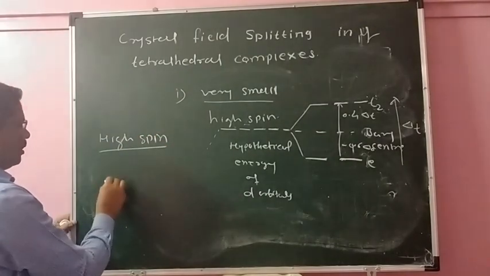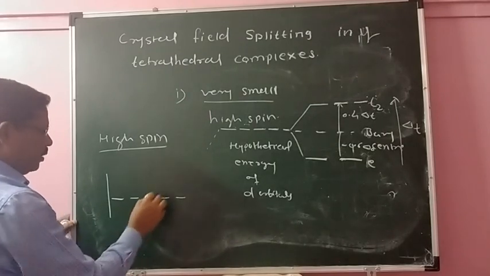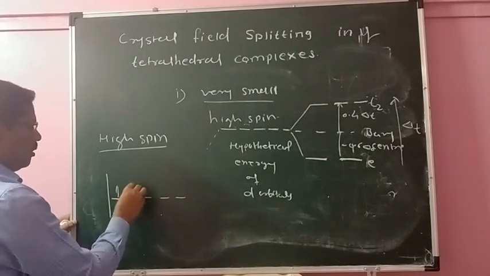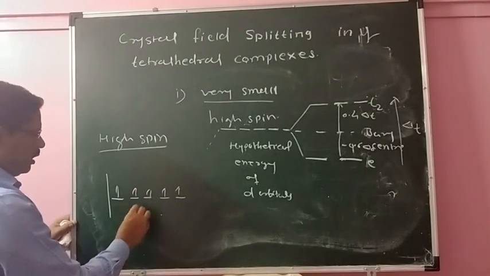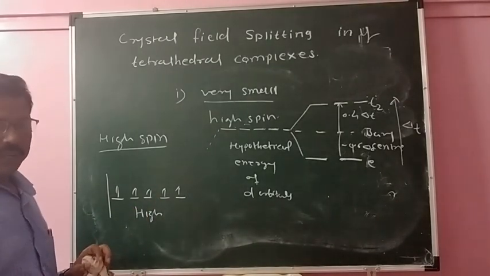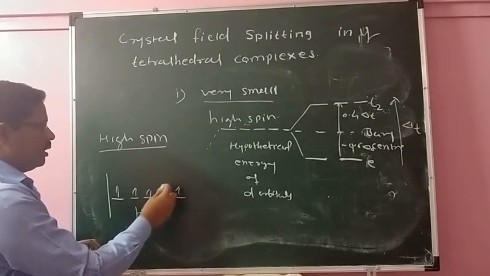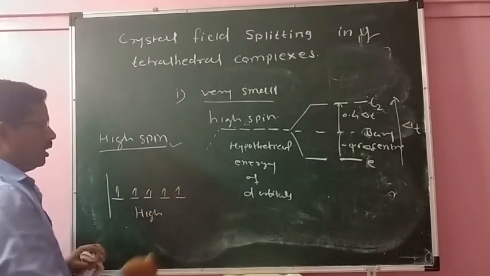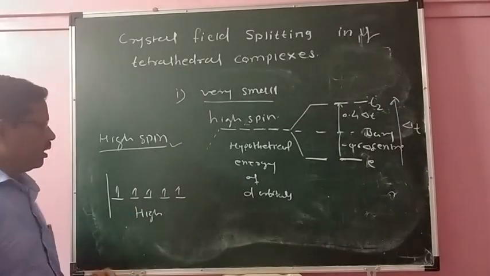This is the energy of the orbitals, these 5 d orbitals, with 5 unpaired electrons. This is the high spin. All electrons are always unpaired, which is known as high spin. If the electrons are pairing with each other, it is known as low spin.